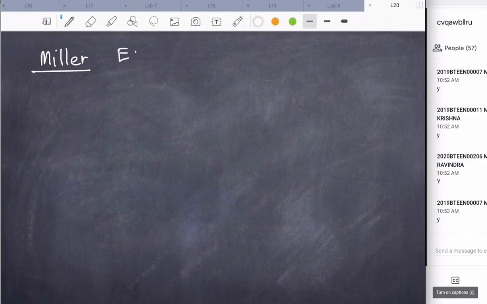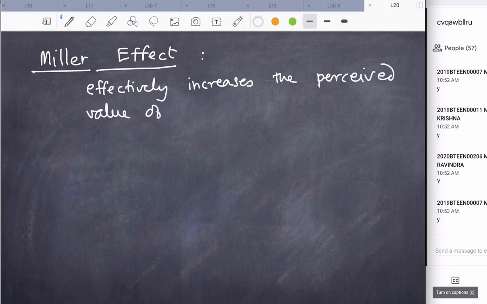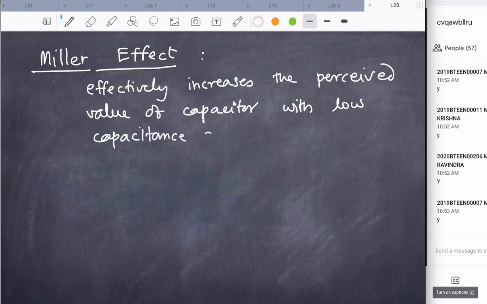This Miller effect effectively increases the perceived value of the capacitor with low actual value, with low capacitance actually used.